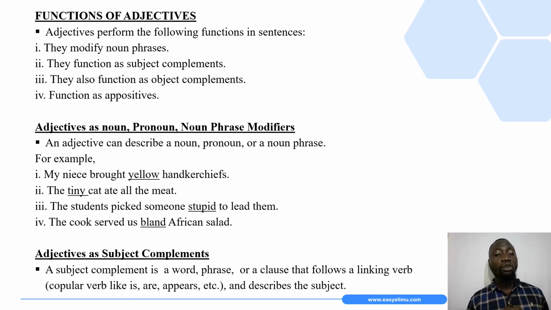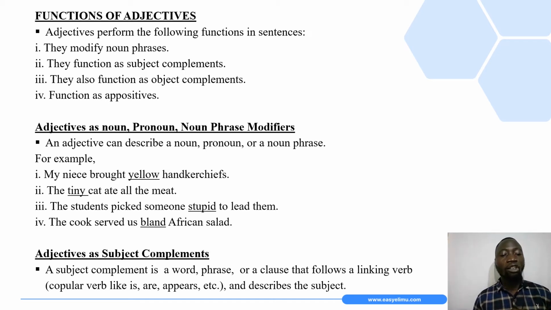In the sentence, there is the adjective yellow. Yellow is an adjective of color, so it is describing handkerchiefs, which is a noun. In this case, we say that an adjective has been used to describe a noun.